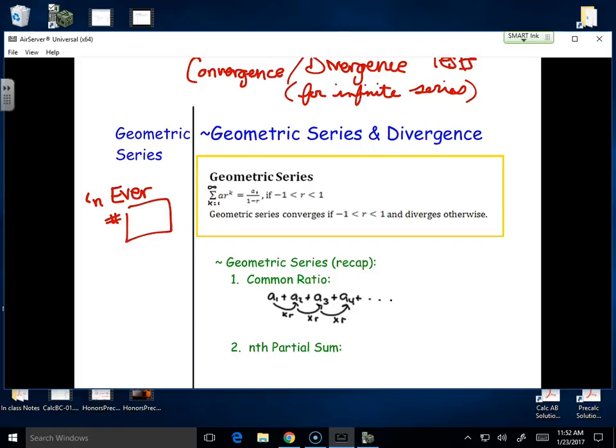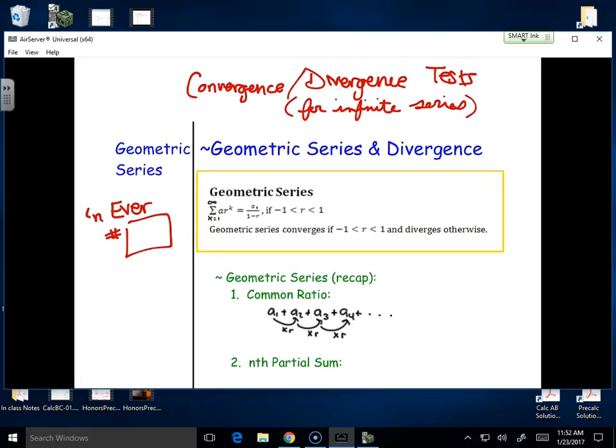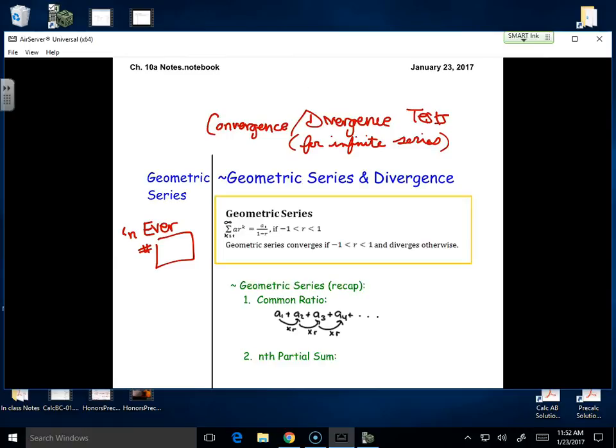An old pre-cal formula for the geometric series was S sub n is equal to a sub 1 times 1 minus r to the n, all over 1 minus r. We talked about convergence and divergence way back then, getting ready for today. That's exciting.